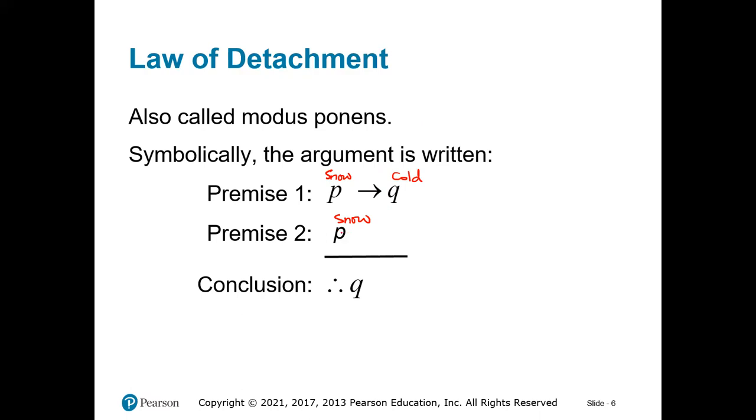And now it's snowing. Can you conclude that it is cold? Well, of course. I know if it snows, then it's cold. As simple as that. And this law is known as the law of detachment or modus ponens.